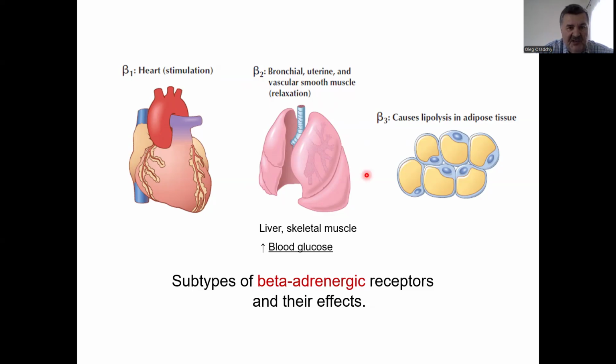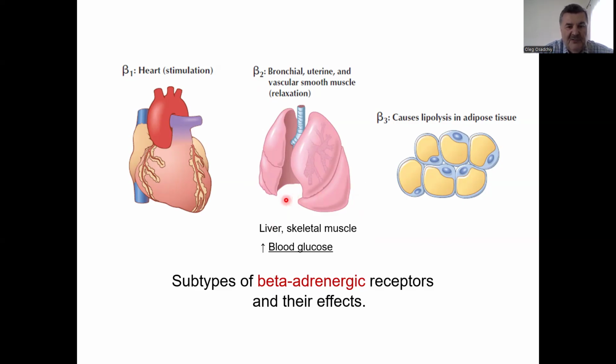In addition, the beta-2 adrenergic receptors are found in liver, in the skeletal muscle as well, where they mediate some important metabolic effects. In particular, in liver, stimulation of these receptor subtypes contributes to breakdown of glycogen and stimulates synthesis of glucose from amino acids. This is called gluconeogenesis.